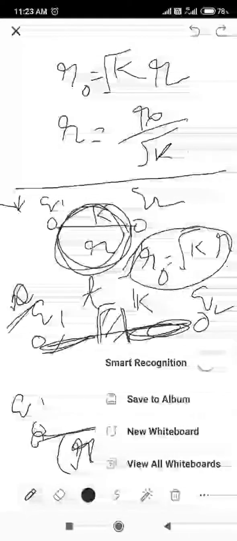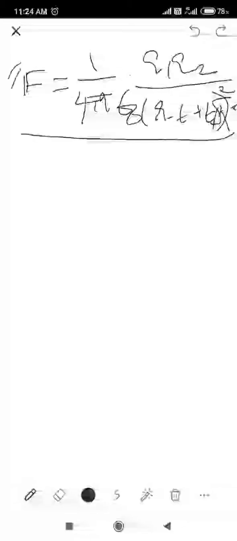Now by applying the basic Coulomb's inverse square formula, we can get F is equal to 1 by 4 pi epsilon naught into Q1 Q2 divided by (r minus t plus t root k) whole square. So this is the force between the two charges.